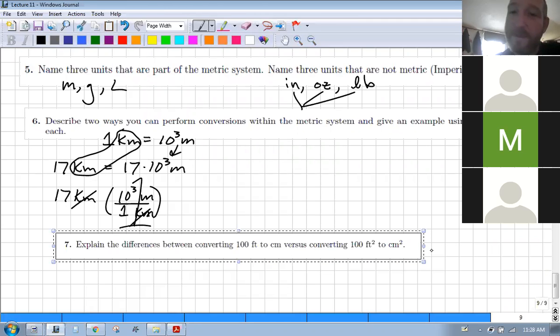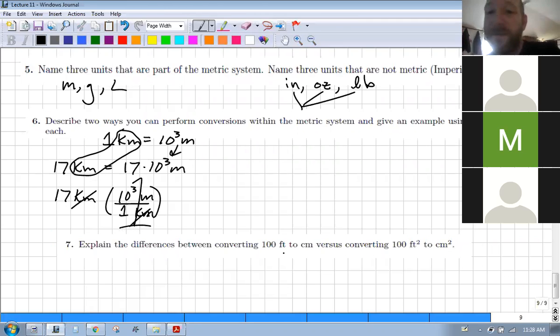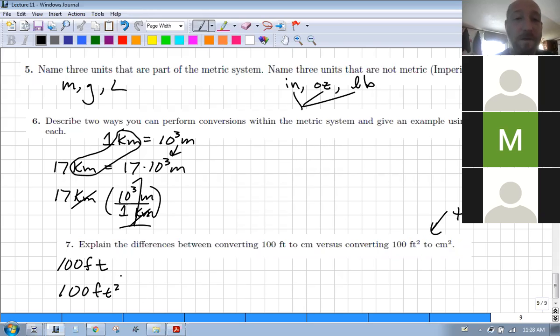All right, explain the difference between converting 100 feet versus 100 feet squared. This one you have to do twice, right? There are 2 conversions. For 100 feet, we get rid of feet for inches; 12 inches make a foot. For 100 feet squared, we have to get rid of feet twice: 12 inches make a foot, 12 inches make a foot.